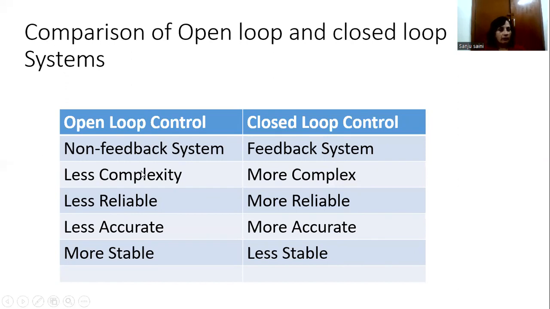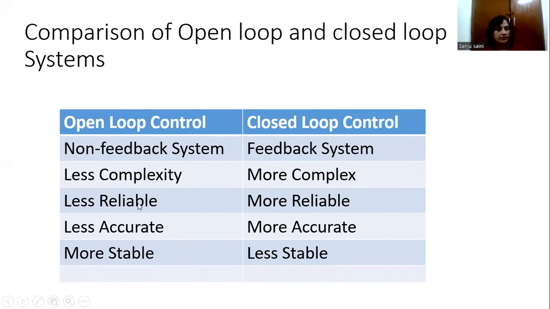Since the number of components in open loop control is less, the complexity is less compared to closed loop systems, where we have the feedback path with feedback elements. As the number of components increases in closed loop control, its complexity is more compared to open loop control.